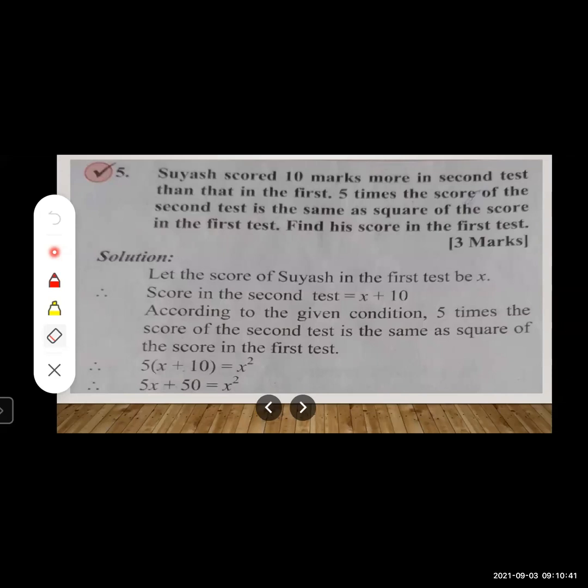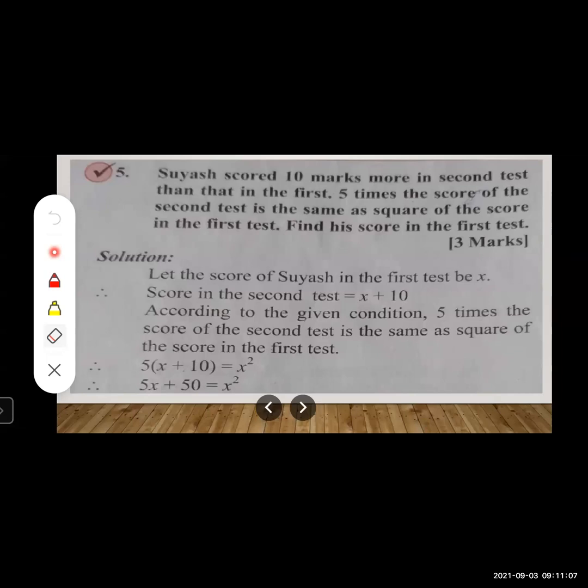So first of all, let us assume the score in the first test. Then only you will come to know his score in the second test. And then if you read the second line, you will get the exact condition of this sum. Accordingly you can write the quadratic equation.